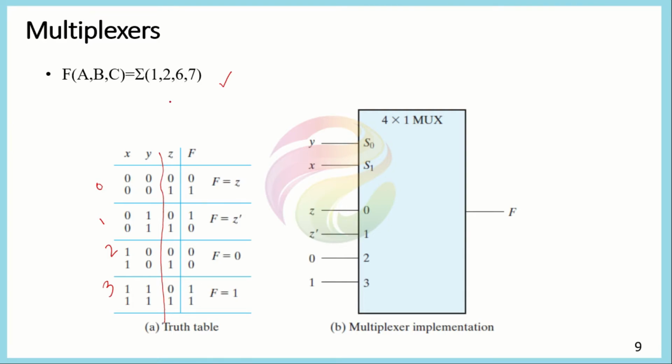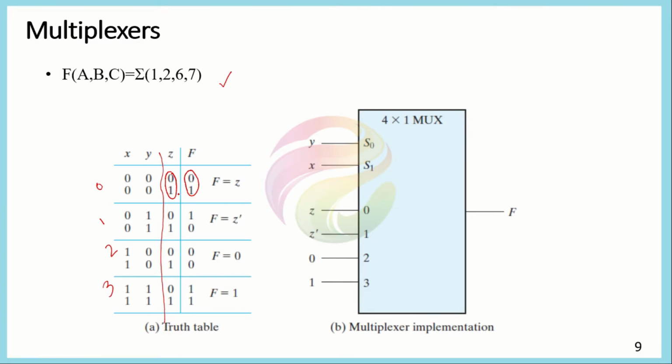If you see the truth table for these min terms, the value for the first min term should be equal to 0 while the next should be equal to 1.